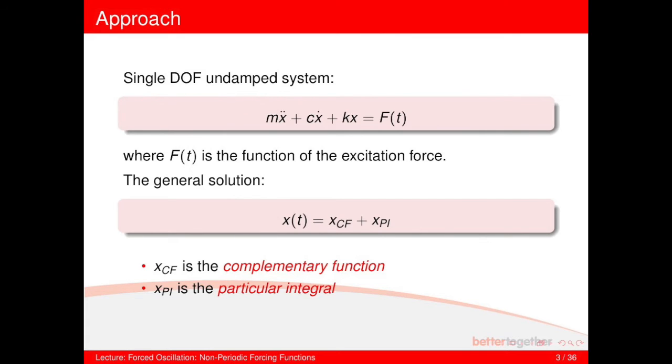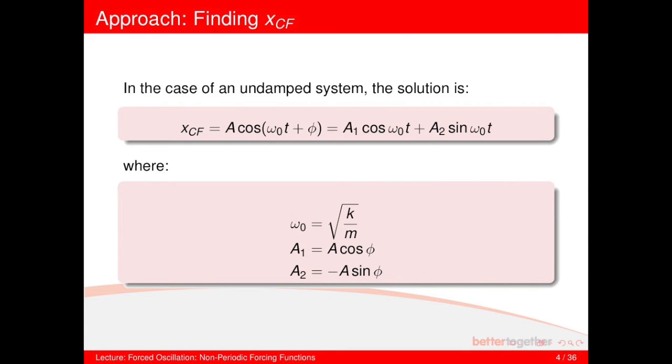But in an undamped system, XCF will remain with you as well. XCF is the complementary function, and XPI is the particular integral. The complementary function is the free response, and PI is due to the forcing function being applied.